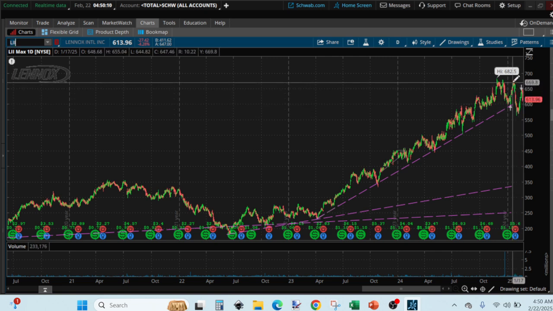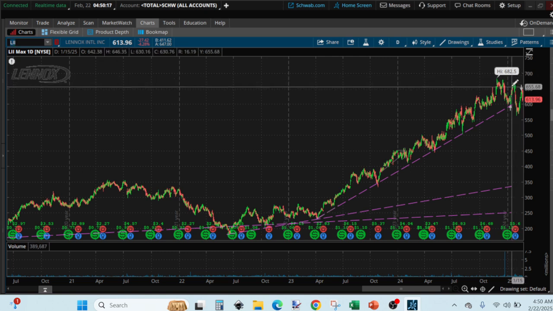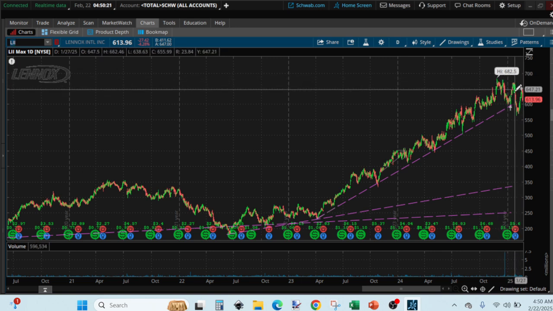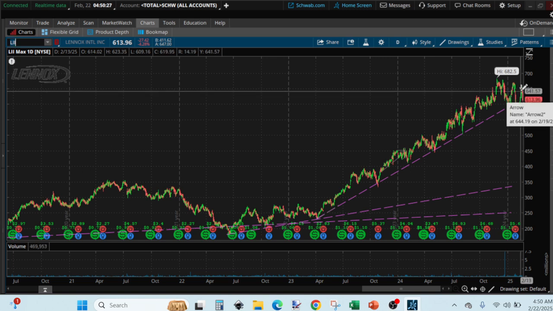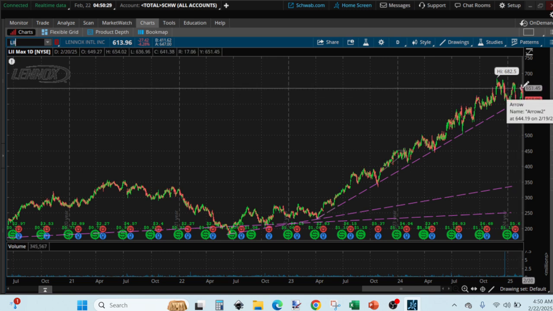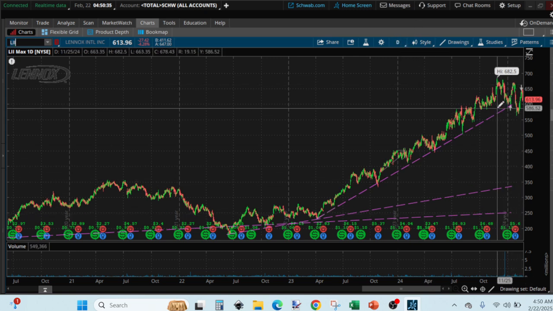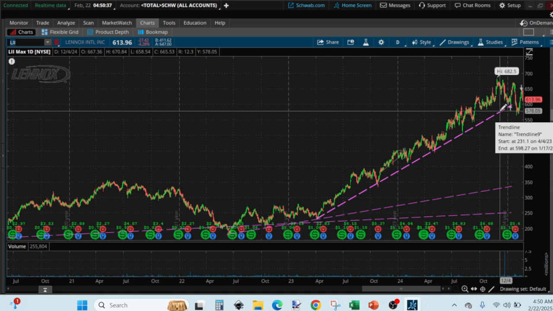When it reached this area, it was like 400 in profits in the portfolio, but we didn't sell it because we were aiming for the next high. But then it pulled back, and when it went up to somewhere around here, we had about 200 in profits or so. We sold it. So we are going to extend this down a little bit.